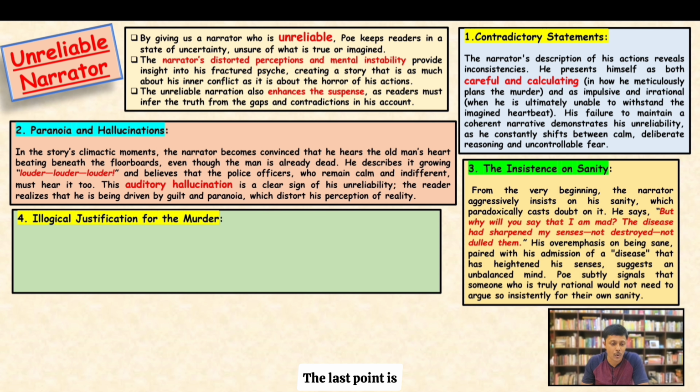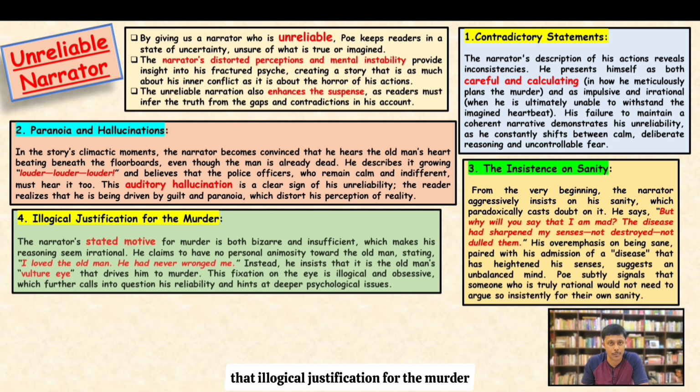The last point is the illogical justification for the murder. Here his apparent motive for murder is both bizarre and insufficient, because the reasoning seems irrational. He claims to have no personal animosity towards the old man, stating, "I loved the old man, he had never wronged me." Instead, he insists that it is the old man's vulture eye that drives him to murder.